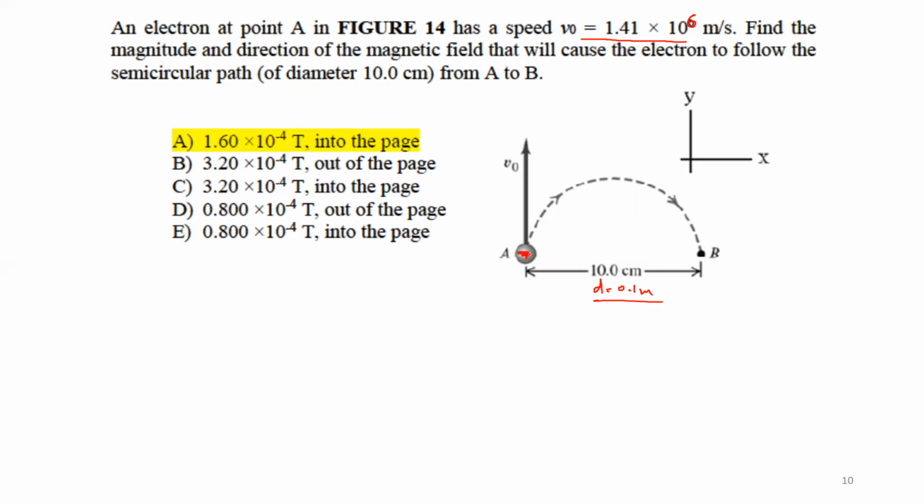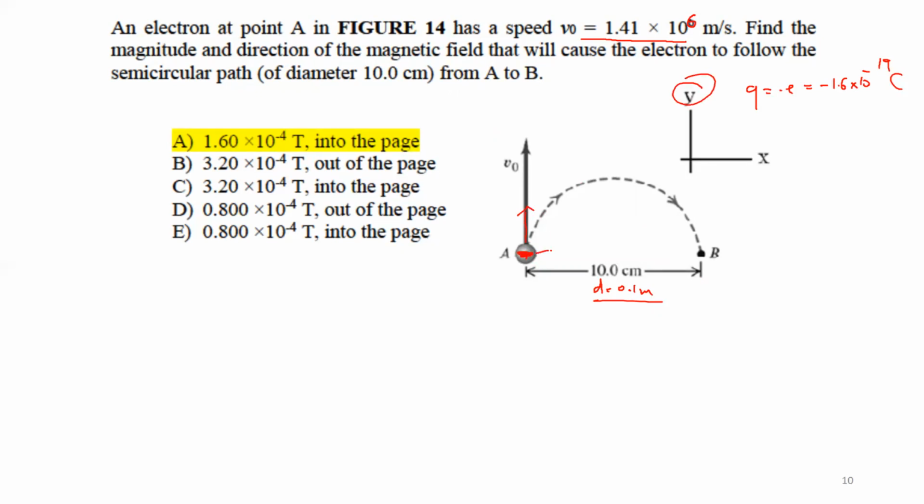Well, first, the electron is negatively charged, as you see. Of course, we know that the charge of the electron is minus e, minus 1.6 10 to the power minus 19 coulomb. So the velocity of the electron is up here in the positive y direction. This is the velocity. Now, what's the direction of the magnetic force?